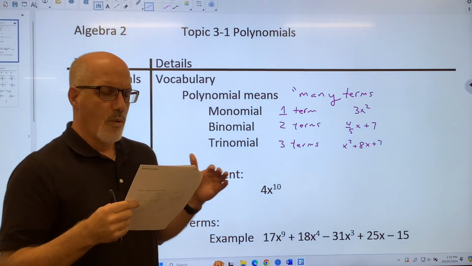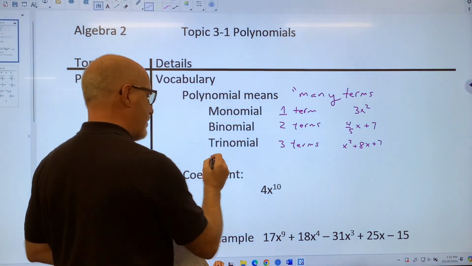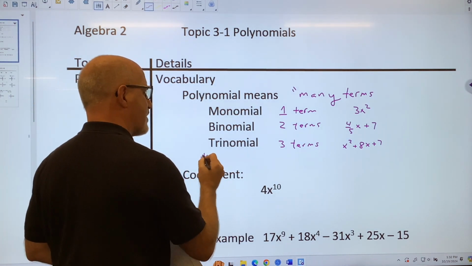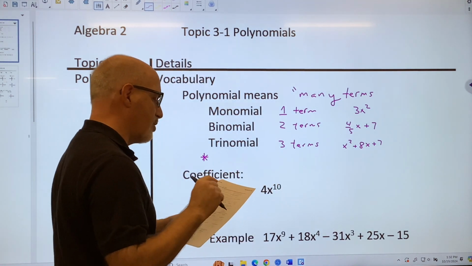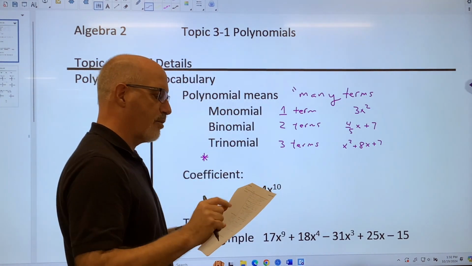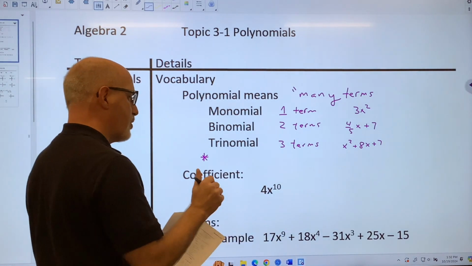Now, one thing you have to make sure you recognize with a polynomial, when we're classifying if it's a polynomial or not, is you have to make sure you don't have any variables in a denominator, in the bottom of a fraction, or under a square root.